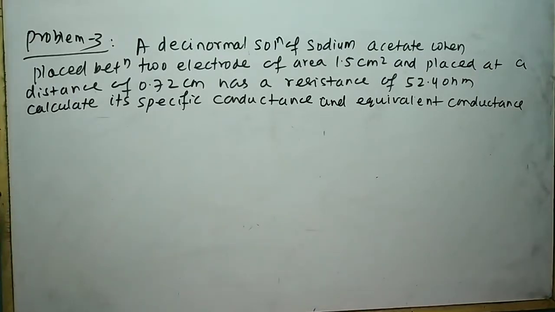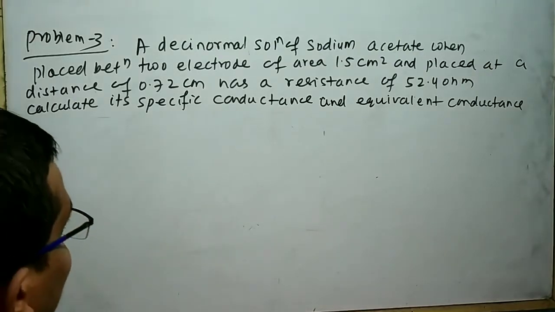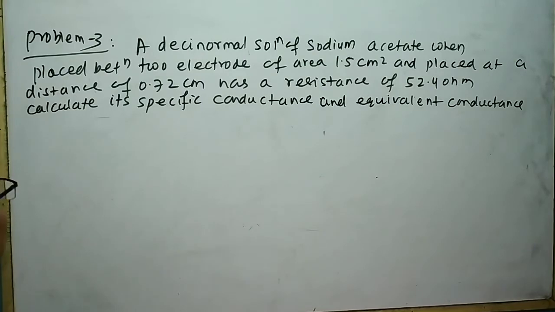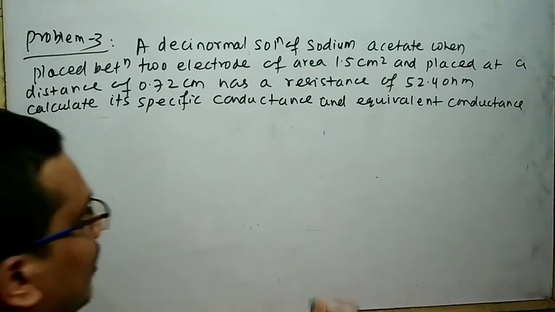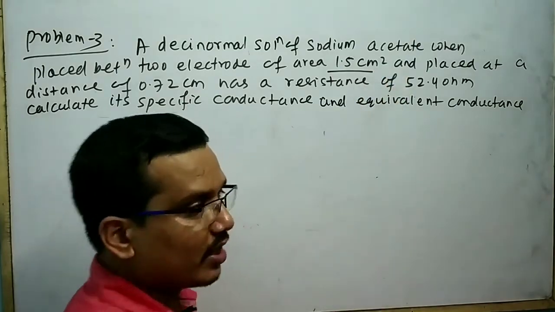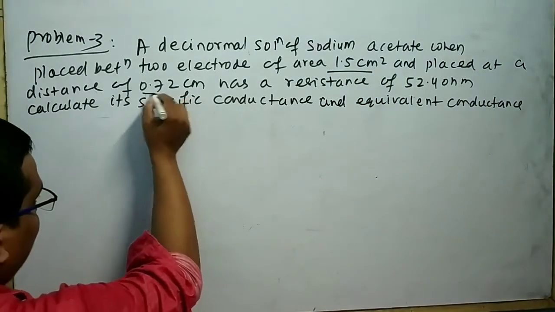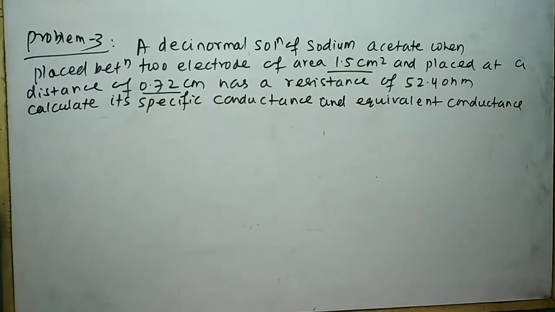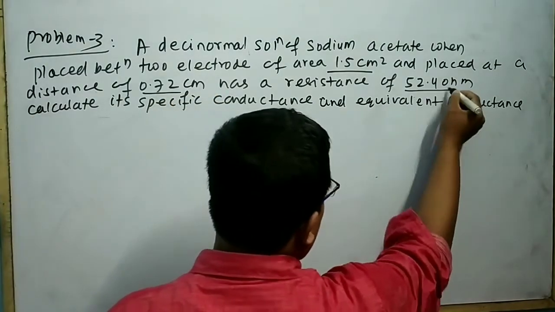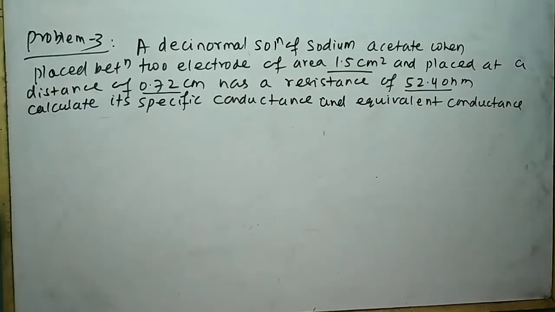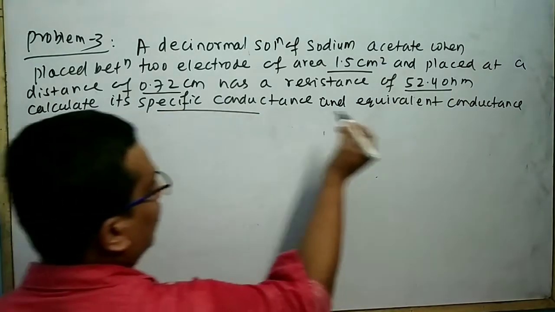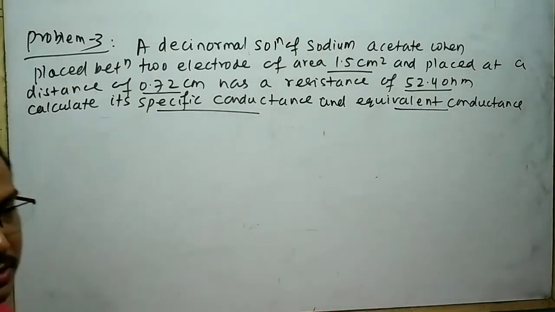Next I will solve problem number 3. A decinormal solution of sodium acetate when placed between two electrodes of area 1.5 cm square and placed at a distance of 0.72 centimeter has a resistance 52.4 ohm. Calculate its specific conductance and equivalent conductance.